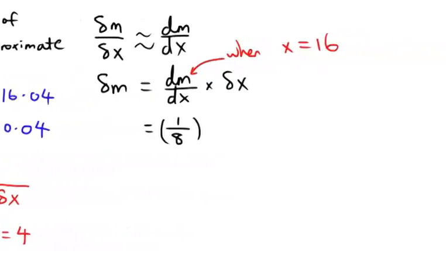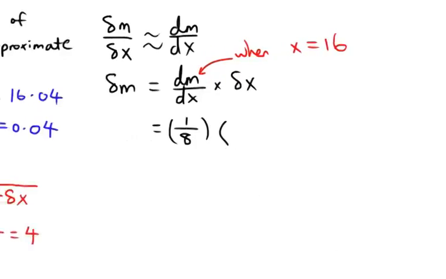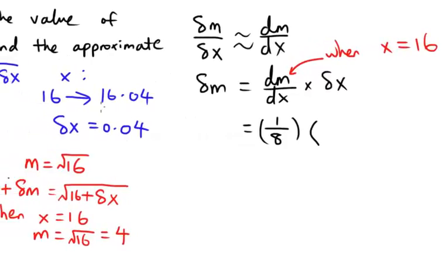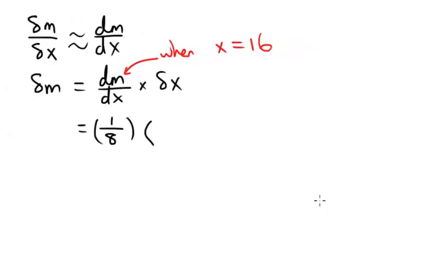Now, what will be our delta x? Because x changes from 16 to 16.04, the delta x is 0.04. So you just multiply them together and you get 0.005. That is your delta m.